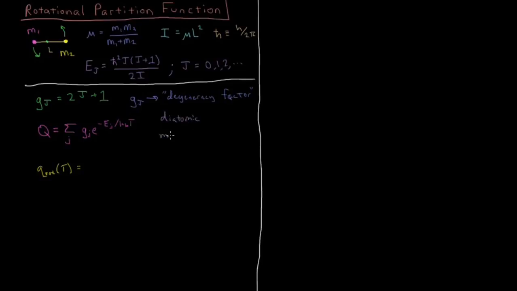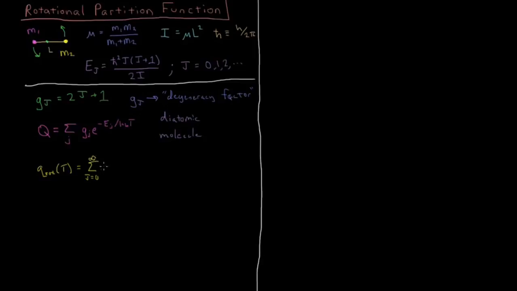You can't rotate if you're monatomic because there's nothing to rotate around, so this is the case for a diatomic molecule. So it's going to depend on temperature for its rotational partition function. That's going to be a sum of all of our Boltzmann factors, so from j equals 0 up to infinity.